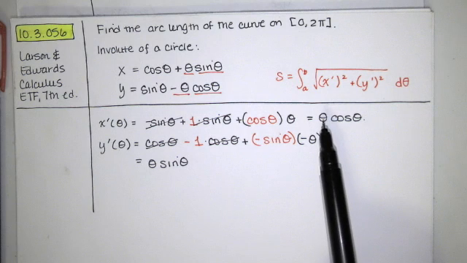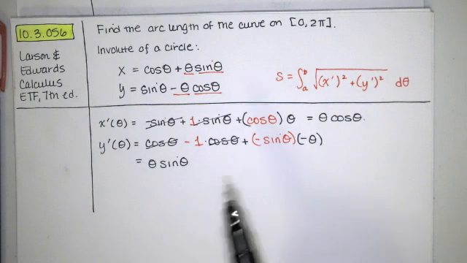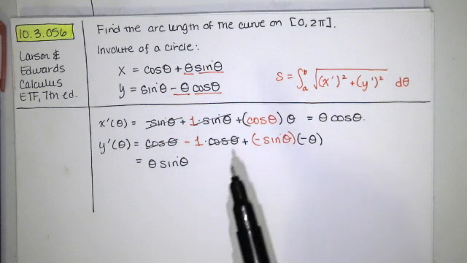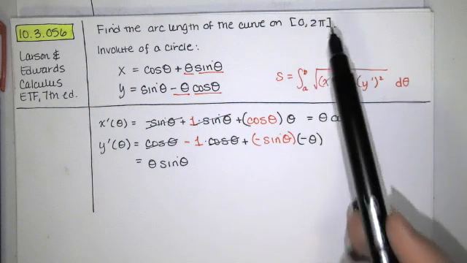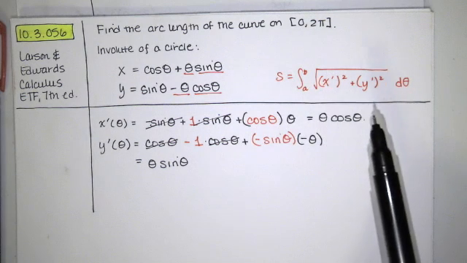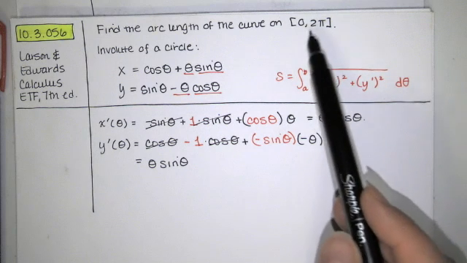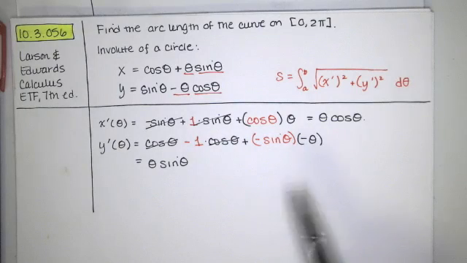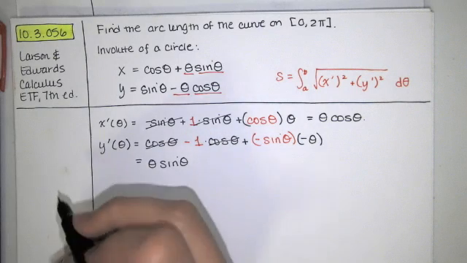Now, the only way that x prime and y prime could both be 0 at the same time is if theta were equal to 0. Fortunately, that's the start point of our interval, so we're not going to have an issue there. So we can just evaluate the integral from 0 to 2 pi of the square root of x prime squared plus y prime squared, and that should give us the right thing.